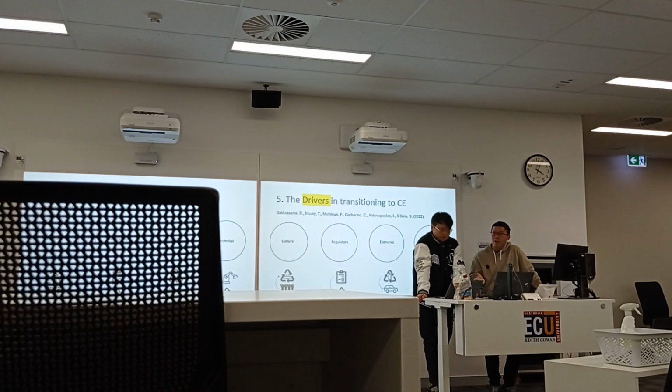The next one is regulatory. If policy makers focus more policies on recycled plastic, that could also support funding more to improve the technologies to recycle plastic better. That's for the government. And the next one is economic.